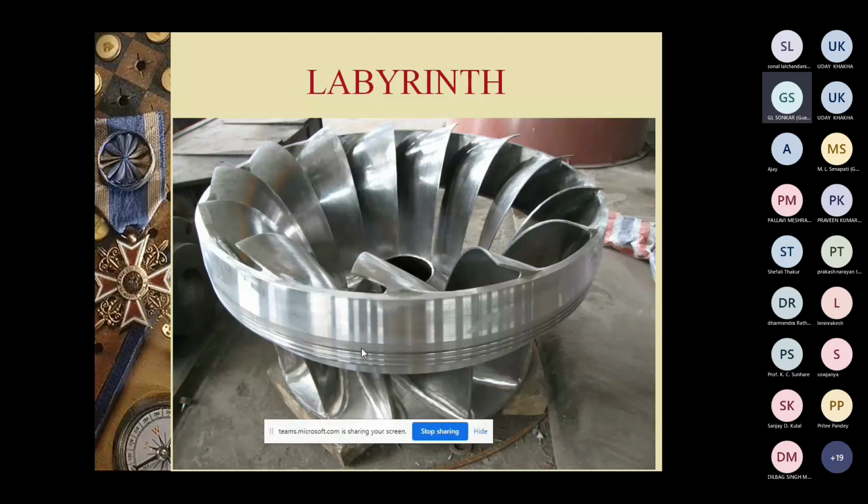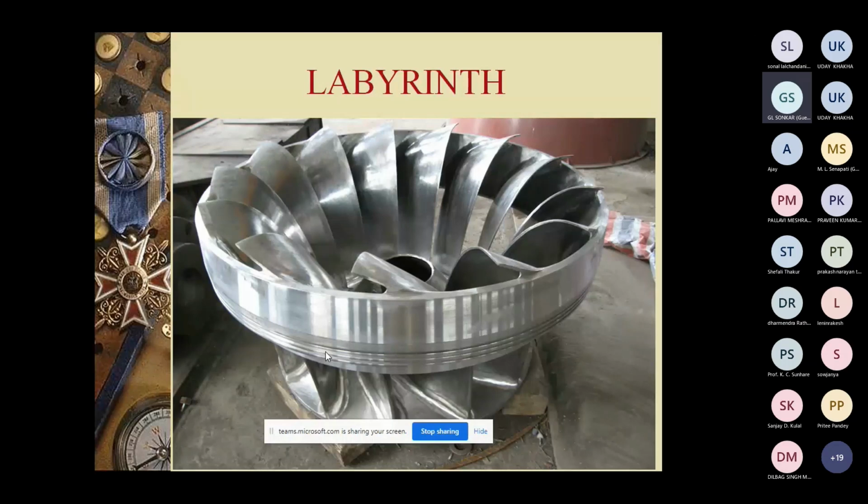This labyrinth, this zigzag or stepped path, is cut on the body of the runner, and in the same way one labyrinth will be fixed on the inner periphery of the housing of the turbine, so that they will be rotating like this. There will be a gap, but that gap will be a stepped gap. So water cannot travel through that gap at high speed.